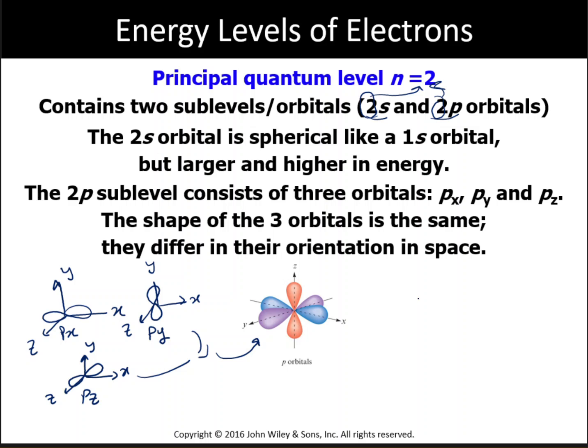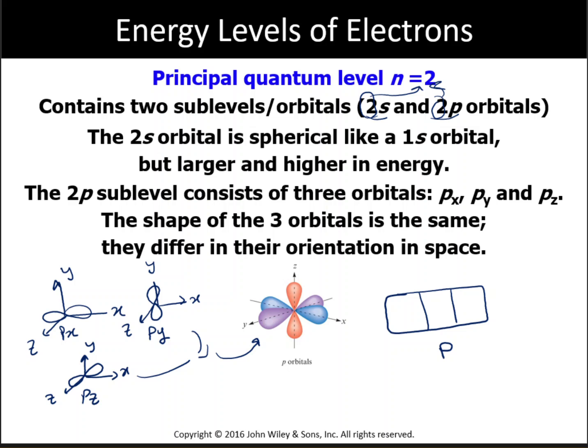If I want to show this with boxes, I would draw 3 boxes, and each one of these represents px, py, and pz. So each p sublevel has 3 orbitals in it, px, py, and pz.